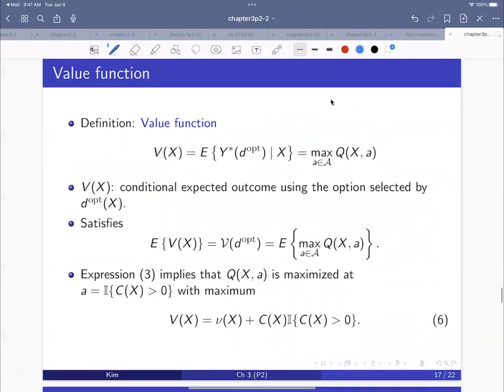Now let's take a look at the maximum, the optimal decision rule, more carefully. It has a name. If we choose the optimal decision rule, then the conditional expected outcome as a function of x is the best you can achieve. That is sometimes called the value function.